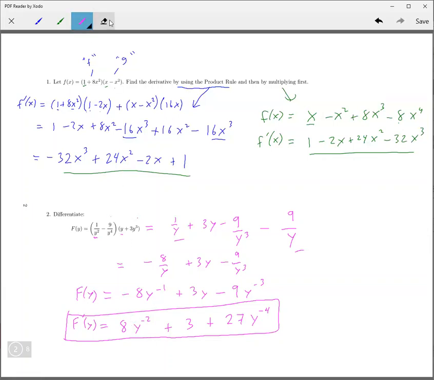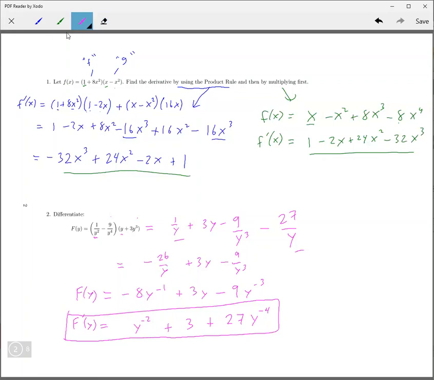Hold on, I made a mistake here. 9 times 3 is 27. I'm sorry. So that means that this is 26. So 1 minus 27 is negative 26.